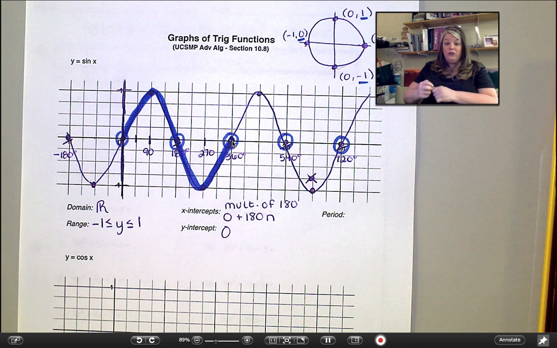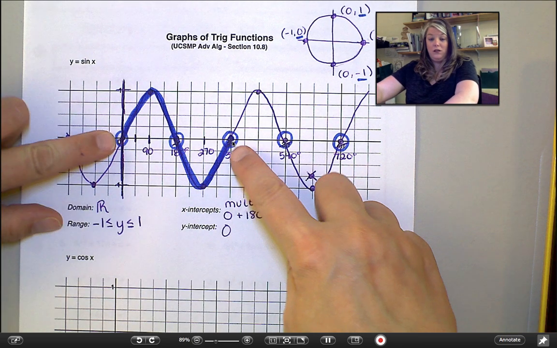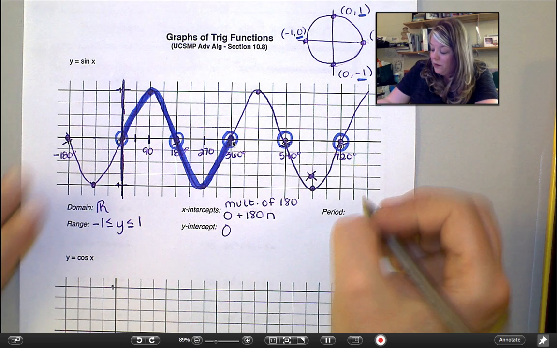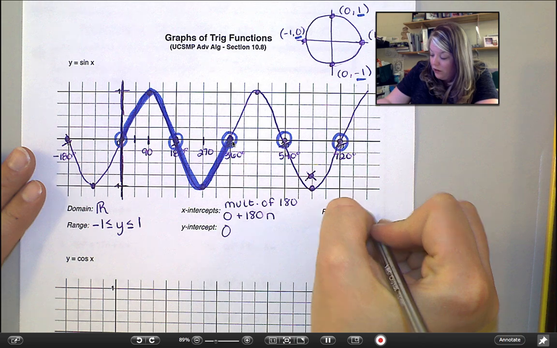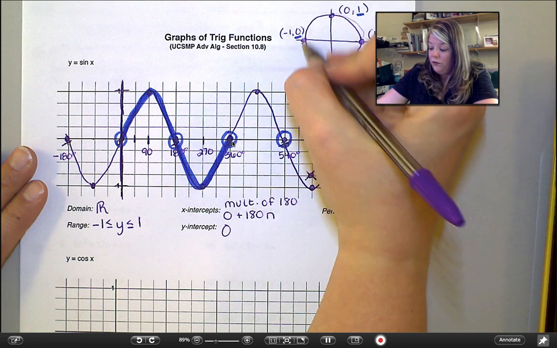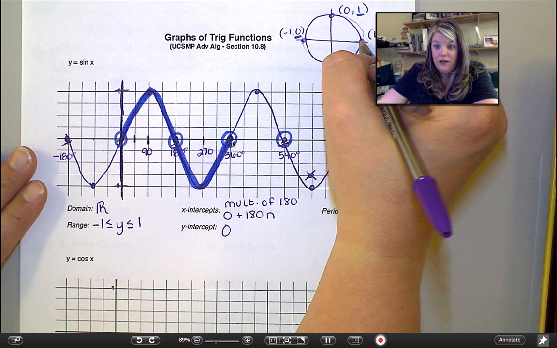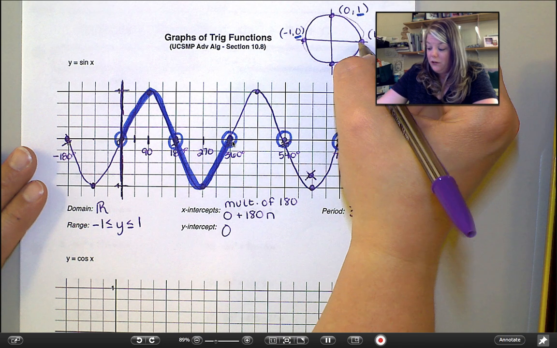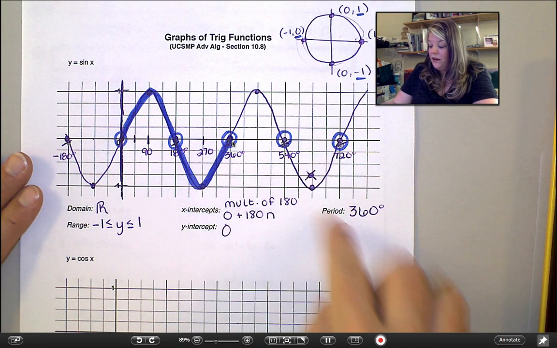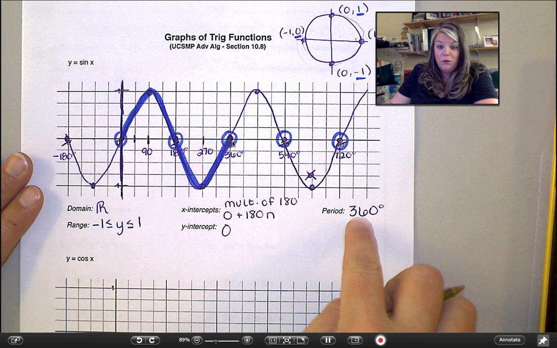And that's 360 degrees from here to here, okay? And so really, your period here is 360 degrees, which I hope makes sense if you think about the circle, that going around one full time is where you start repeating, right? You go around one full time, and then you repeat, and you do it again, and then you repeat, and you do it again. So one full cycle is 360 degrees.